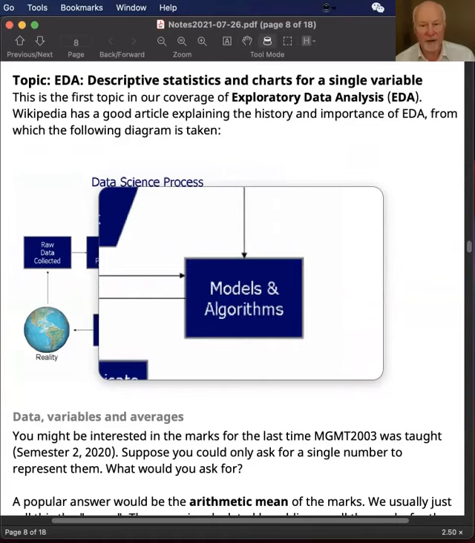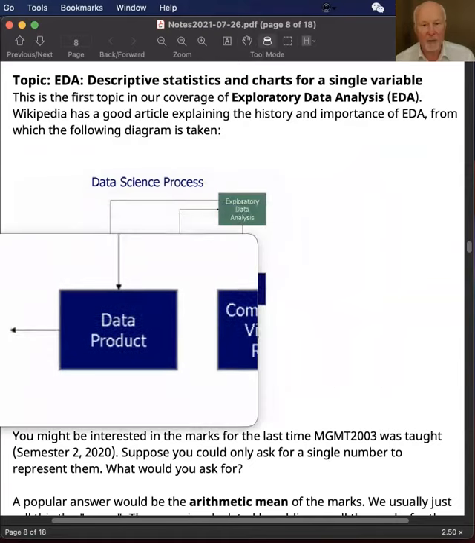So one is that we may want to create a data product. And by a data product, I mean something like a recommendation algorithm for a platform like YouTube. It could be some product which delivers advertising.